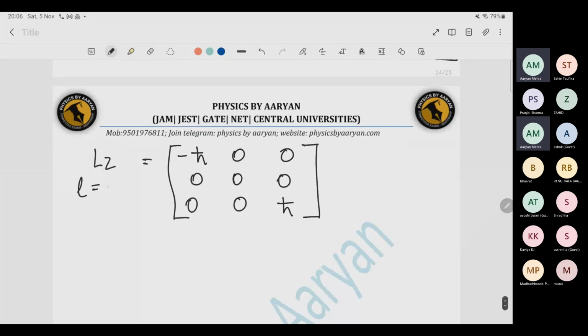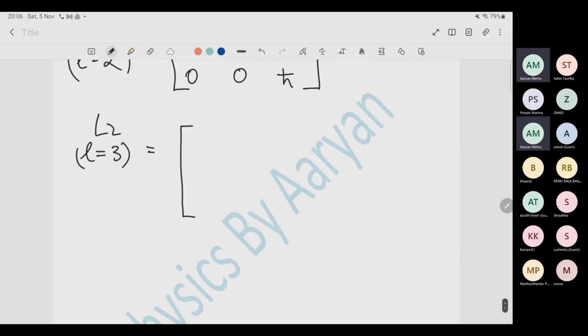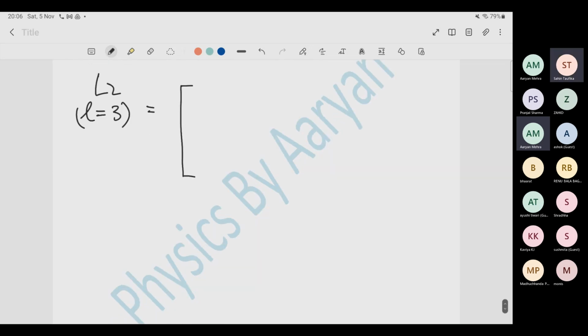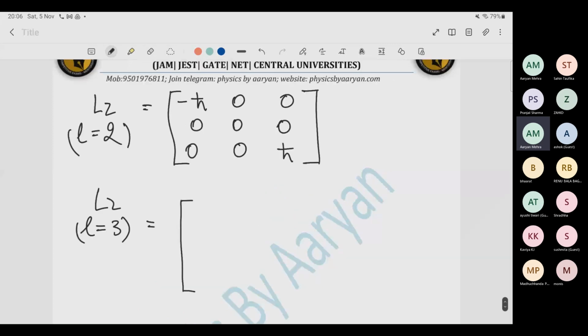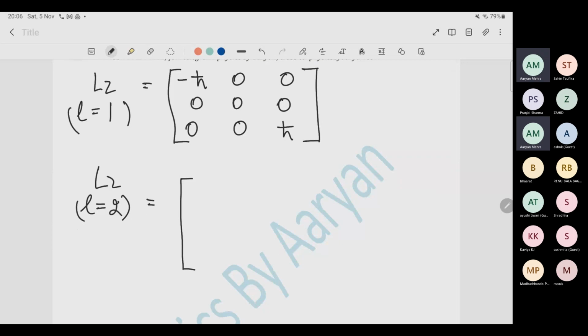That was the Lz matrix for L equals 1. Now very quickly, any intelligent person, tell me what is the Lz matrix for L equals 2.